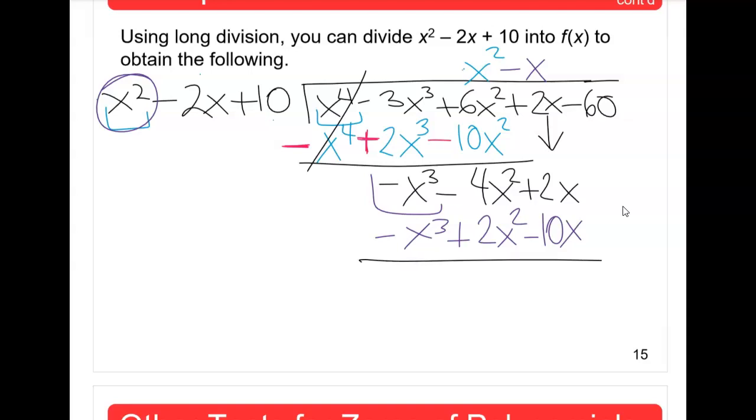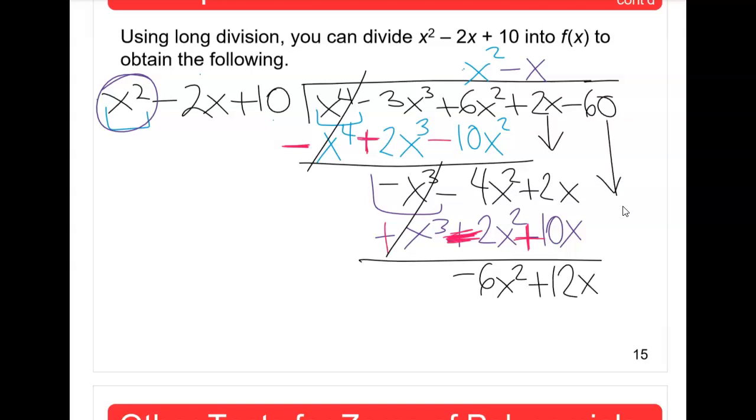So now we need to change our signs because we got to subtract. So this goes to negative and this goes to positive. So it cancels. Negative 4x squared minus 2x squared is negative 6x squared. 2x plus 10x is 12x.